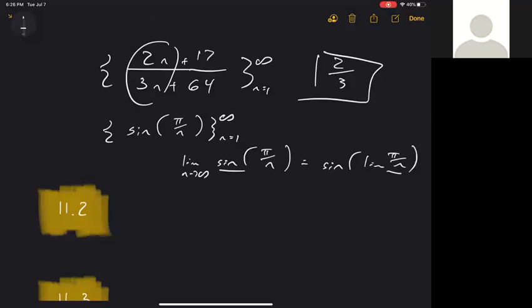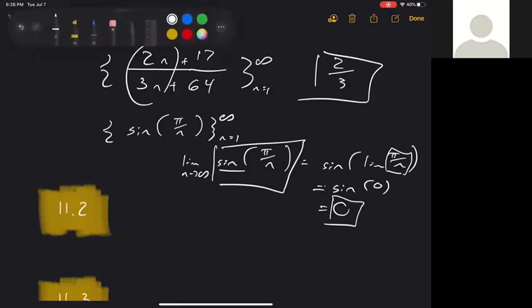Then the limit of this piece is easy: the limit of pi over n as n goes to infinity is just 0. So my limit of this thing is going to be 0. That's a very useful technique to know.